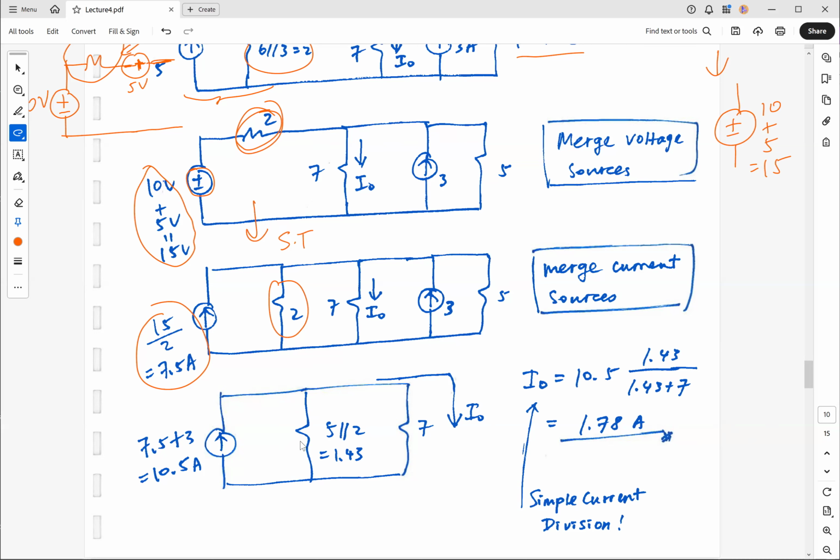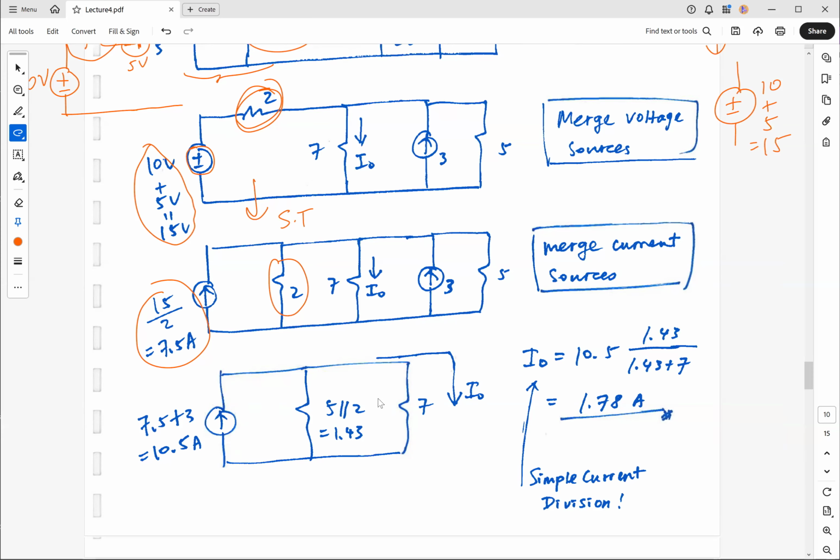Remember, if you can simplify your circuit down to something that involves only one current source and two resistors in parallel, or one voltage source in series with two resistors, so let's say this is V, then I can simply use voltage division or current division to find the variable of interest.